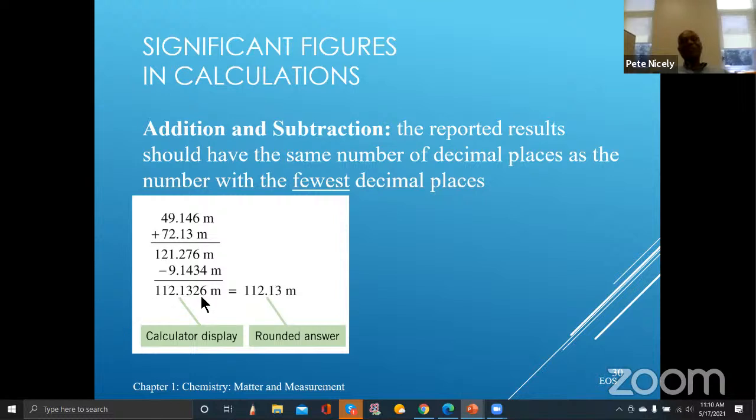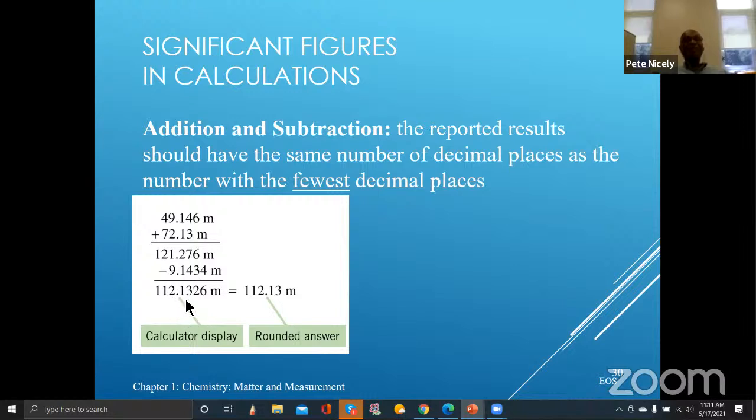However, you need to round off this to the correct number of decimal places. So the question now becomes, how many decimal places do you need to round this off to? Well, you have to look at the numbers involved and see which one has the lowest number of decimal places, and you round off this answer to the same extent. You'll notice that you have 2 decimal places here, 3 decimal places here, and 4 decimal places expressed here.